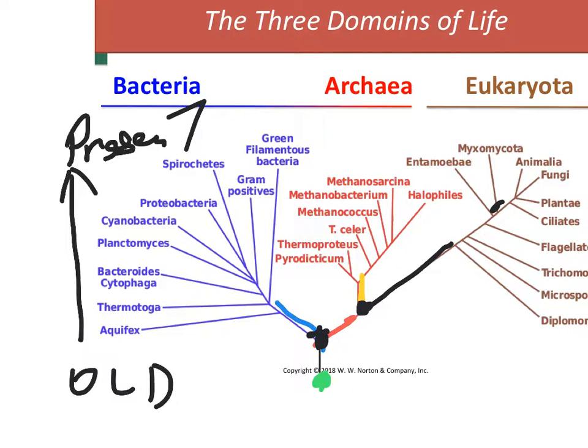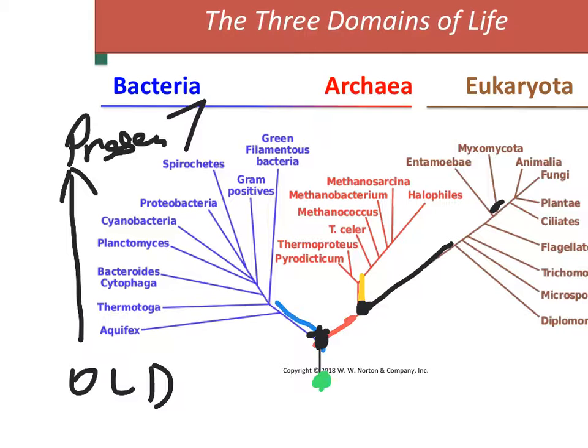Okay. So now it's thought that there are three domains of life. There's a couple different hypotheses about whether eukarya split from an archaea lineage or whether archaea and eukarya split prior to that.